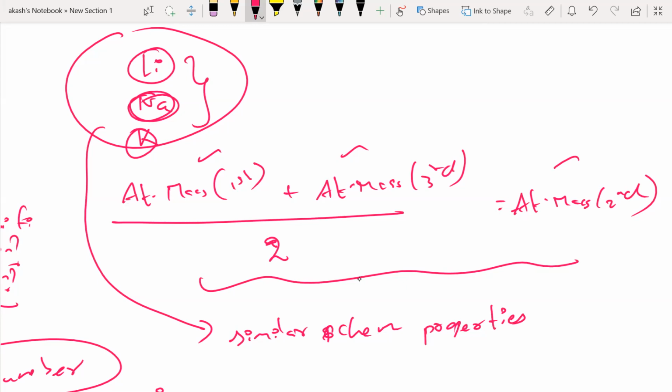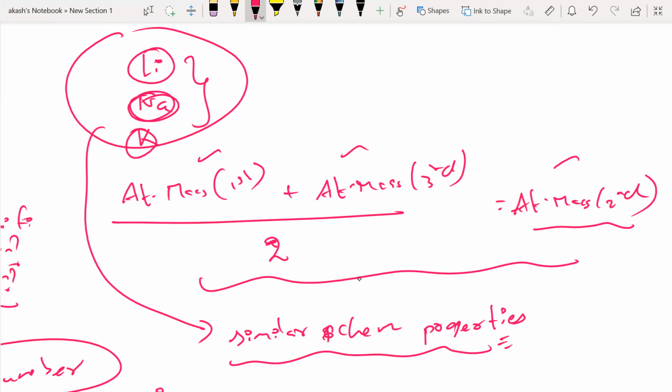Even though this looks weird, this was actually proving that the elements in the same group, that is your triad, indeed had similar chemical properties.